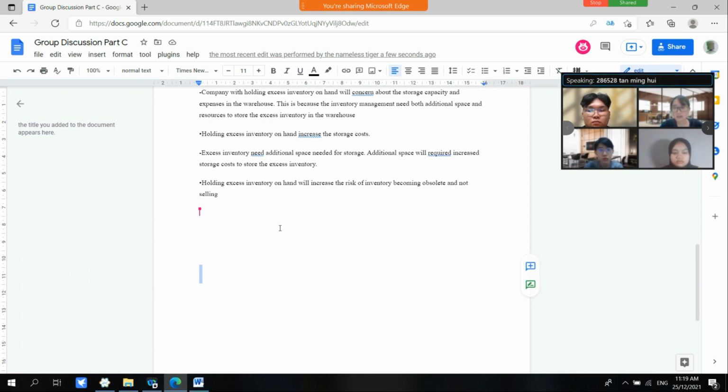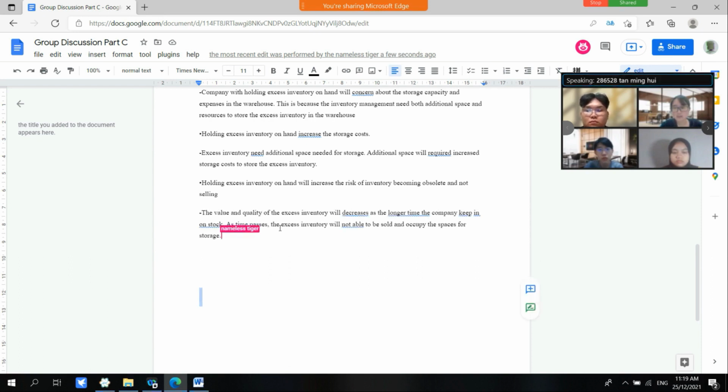As time passes, the excess inventory will not be able to be sold and will occupy the space for storage. I think these are the shortcomings and benefits for option 1.